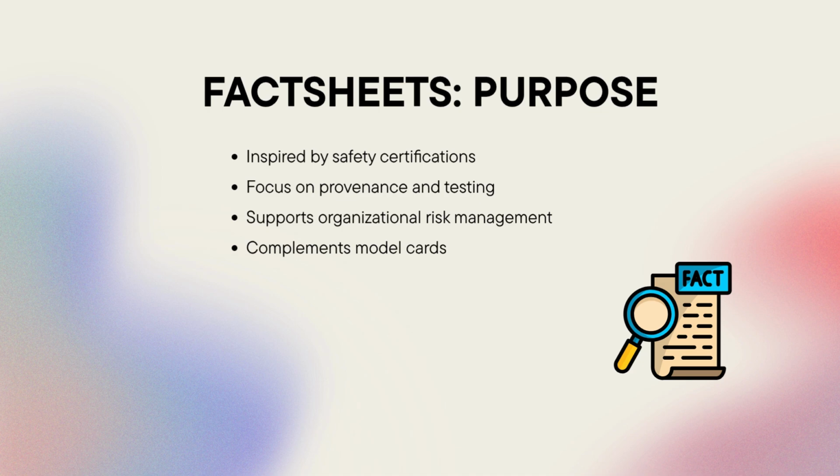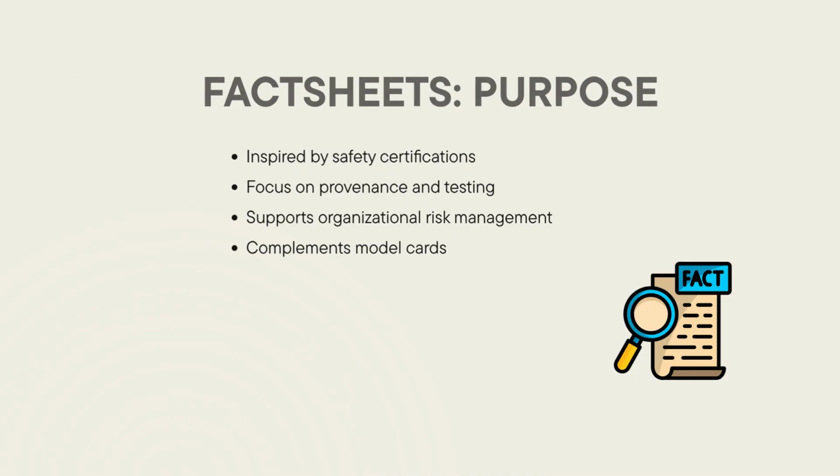Fact sheets classify models into risk tiers, providing a clear signal for governance. While model cards communicate to broader audiences, fact sheets are often aimed at internal governance teams, auditors, or regulators, ensuring that organizations manage AI systems like critical infrastructure.